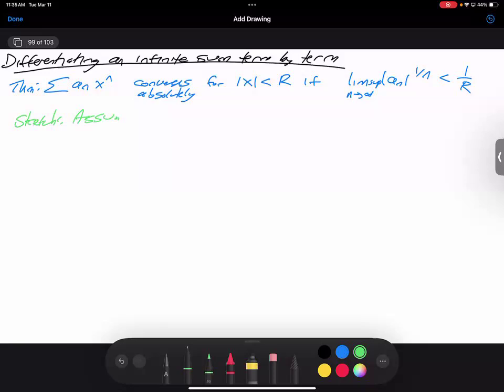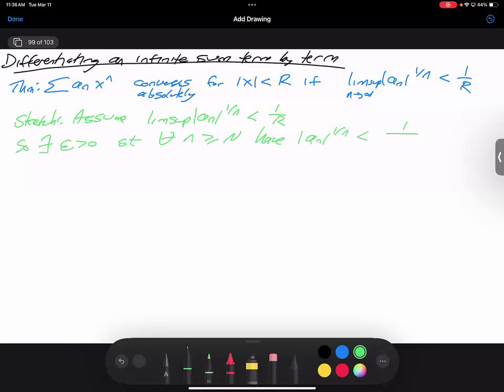So assume the lim sup of a_n to the 1 over n is less than 1 over r. So there exists an epsilon greater than 0 such that for all n greater than or equal to some N, we have the absolute value of a_n to the 1 over n is less than 1 over r plus epsilon.